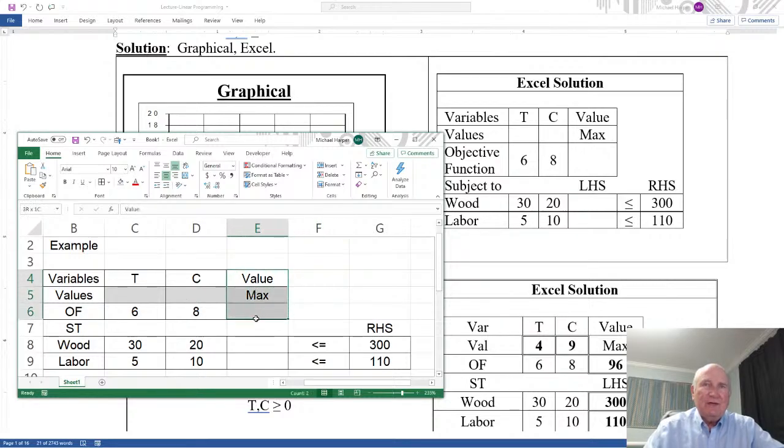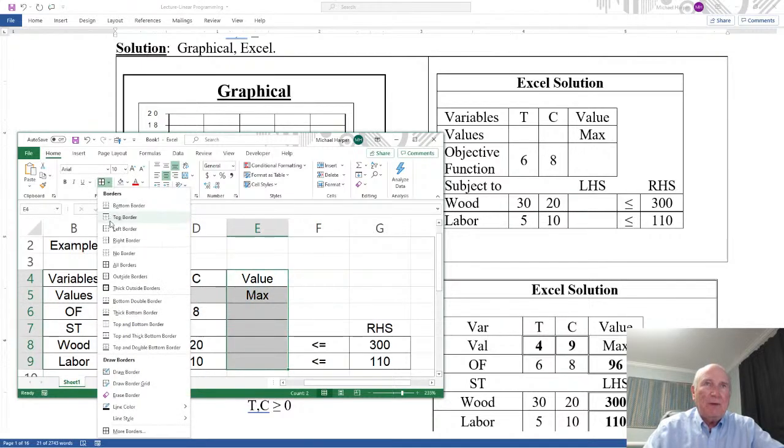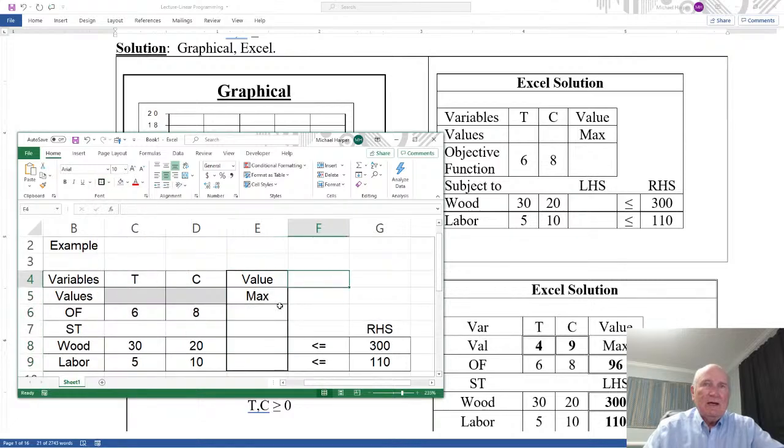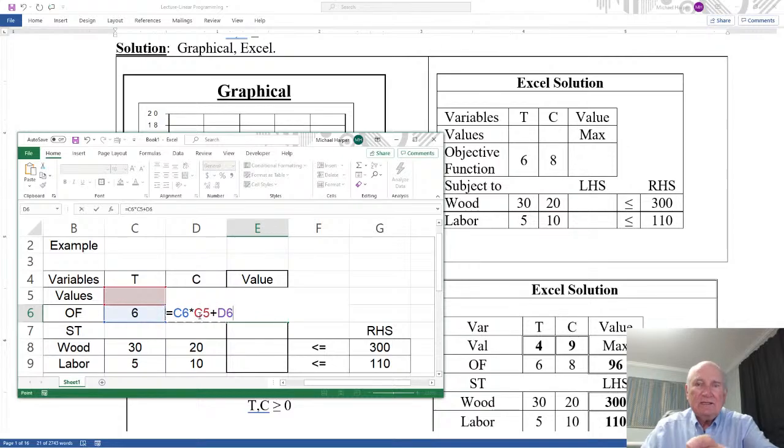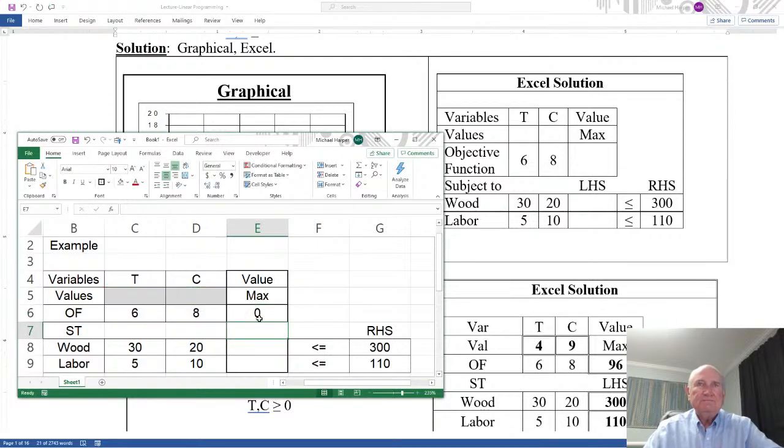So over here, and let me box this in, especially this one here, this is going to represent my objective function. What's my profit? Well, that's going to equal 6 times the number of tables plus 8 times the number of chairs. Let me left justify this so we can see it.